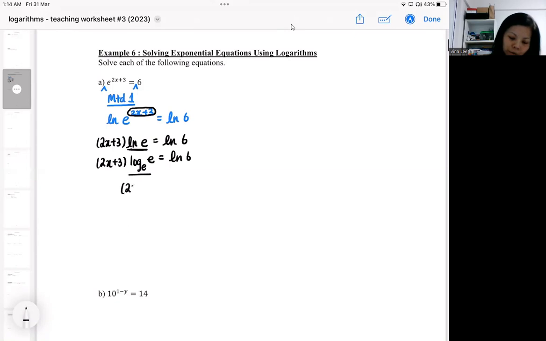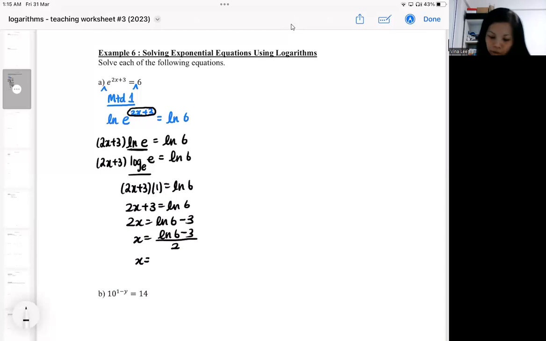So in fact, you are left with 2x plus 3 equal to ln 6. And ln 6 is a value that you can punch on your calculator.